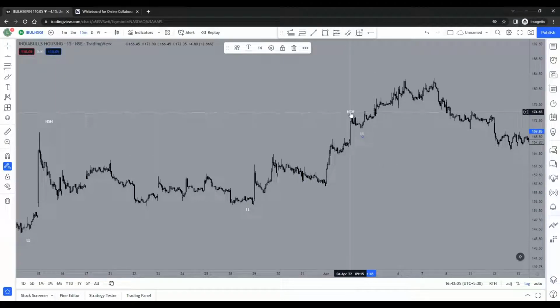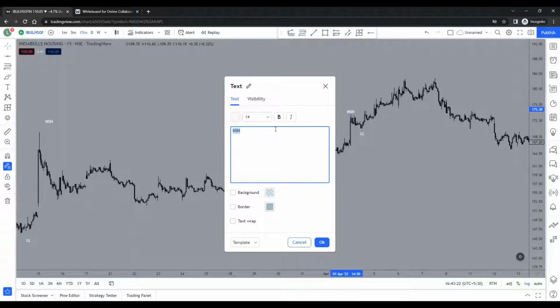So we have created a higher high or a new structure high here. Here it is a new structure low. Sorry, it is a lower low. New structure low is something else, when the trend changes. I'll be teaching that as we go along. In fact, we can call this a higher high.